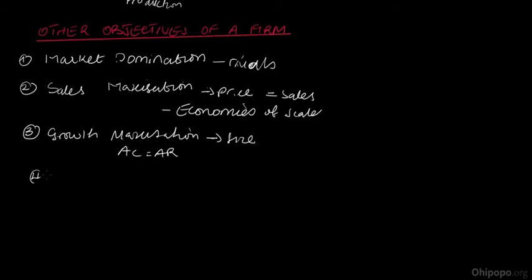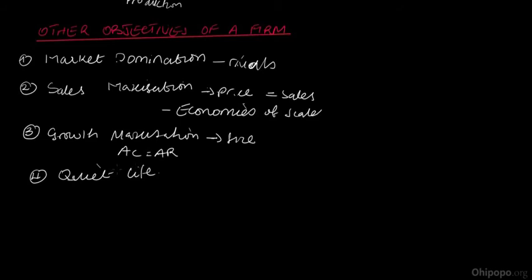The next objective of the firm, apart from profit maximization, is to live a quiet life. What does this mean? It does not mean that the firm will go to sleep. No. Some firms will opt for a quiet life rather than trying to maximize profit.